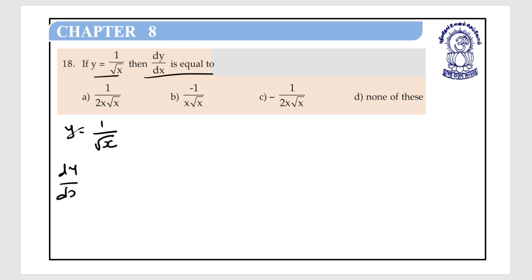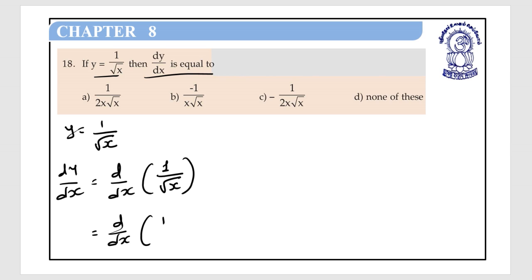So dy by dx is equal to d by dx of 1 upon under root x. You can write 1 upon under root x as 1 upon x raised to 1 half.